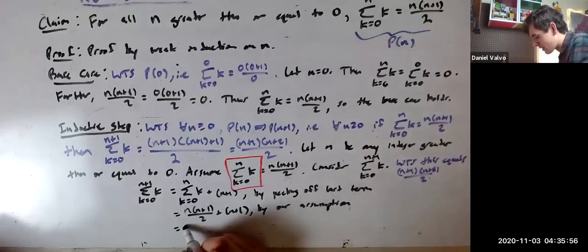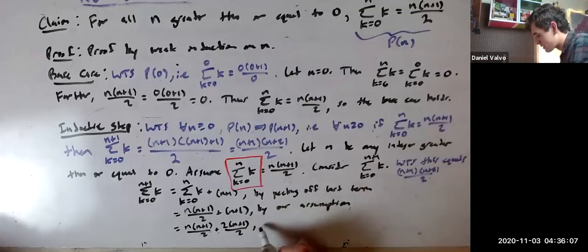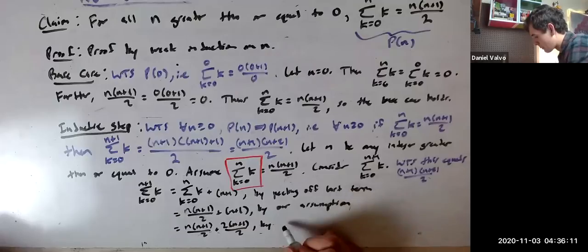So assuming this is true, we get this. But then everything falls into place, because then we get n times n plus 1 over 2 plus 2 times n plus 1 over 2 by getting common denominators.